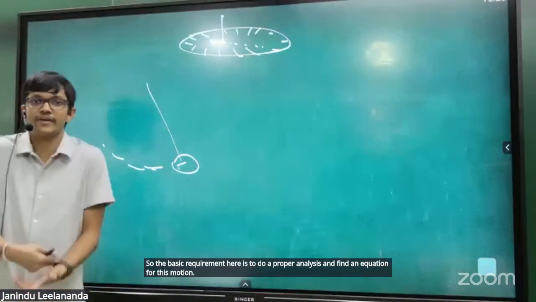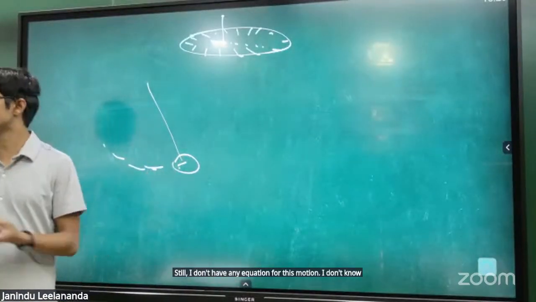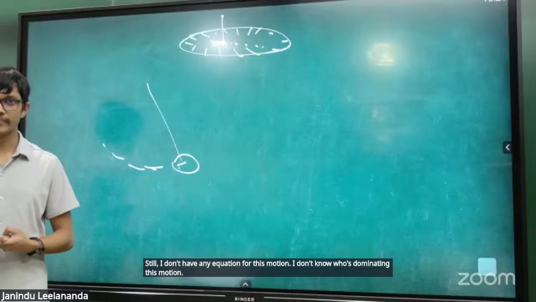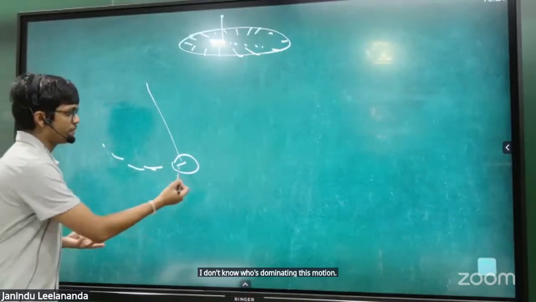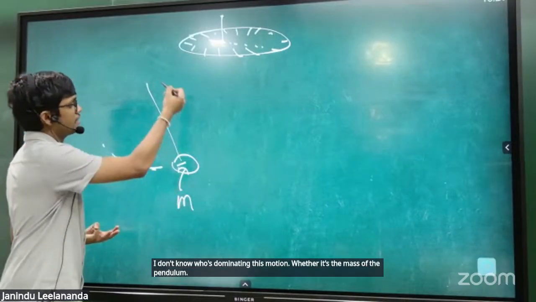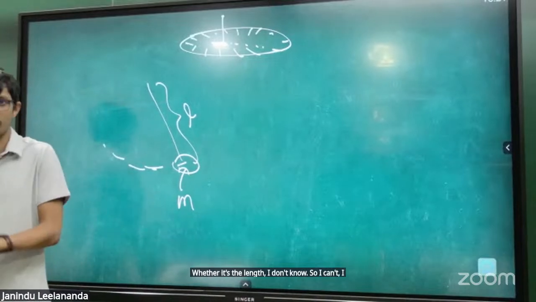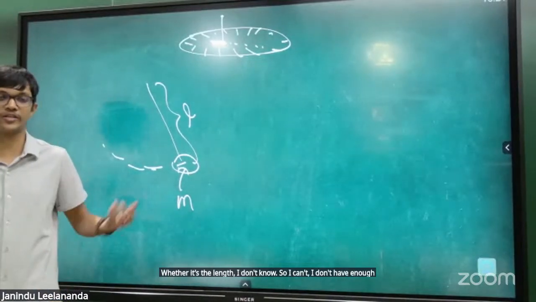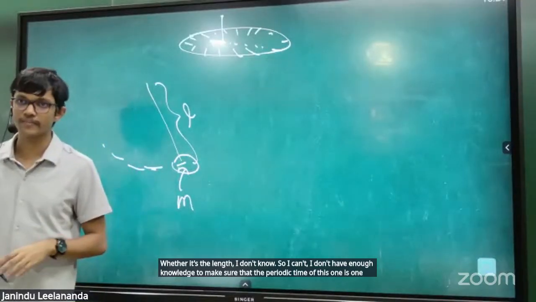Still, I don't have an equation for this motion. I don't know what dominates it, whether it's the mass of the pendulum or the length. So I don't have enough knowledge to make sure the periodic time is 1 second. Clear?